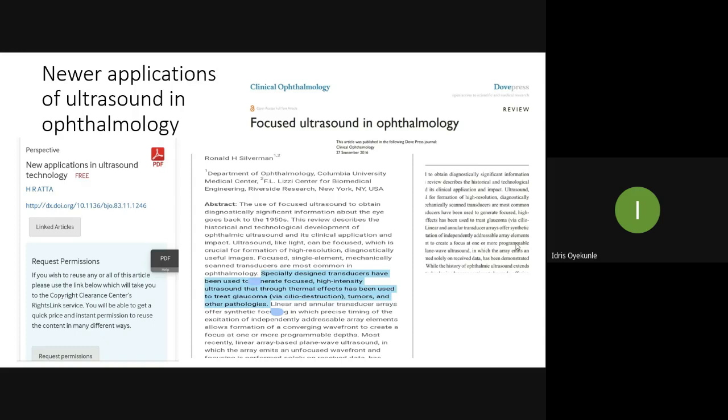Lastly, there's an aspect of new applications of ultrasound in ophthalmology. I don't know how well these are being used because it's not that common around here.